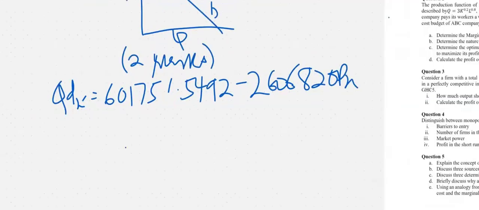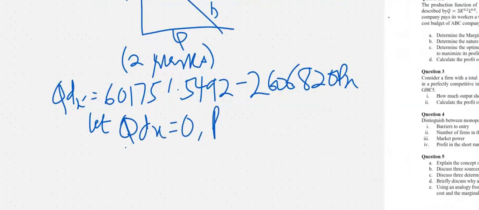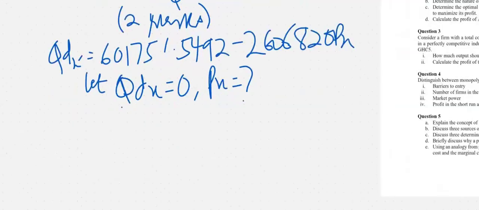So we're going to work out the intercept. So let QDX equal 0, then we find PX. So if QDX equals 0, what is PX? That's what I literally wrote. Let's go on. QDX is 0, sorry.